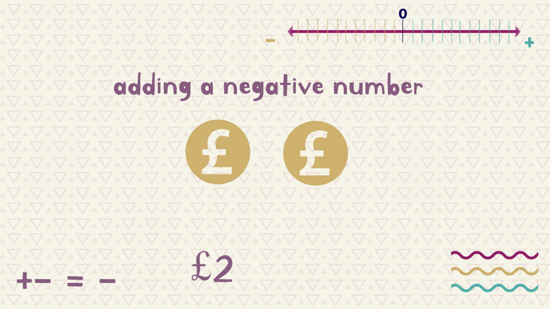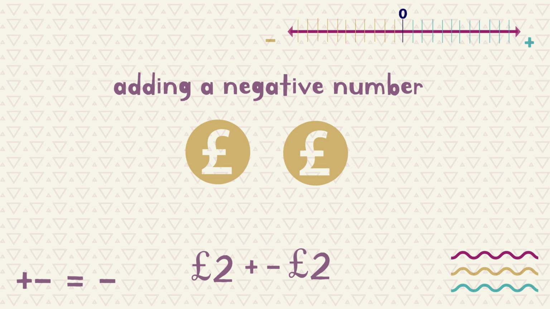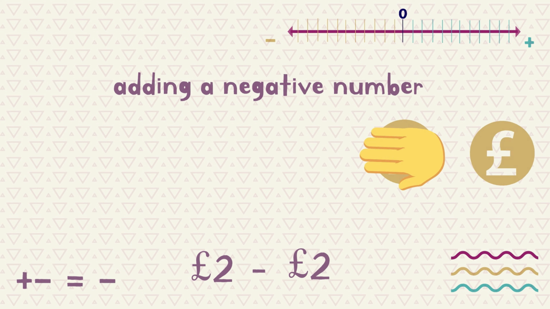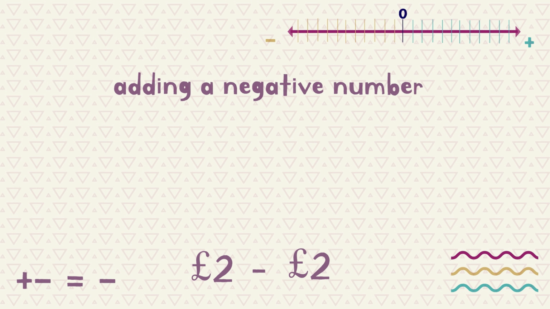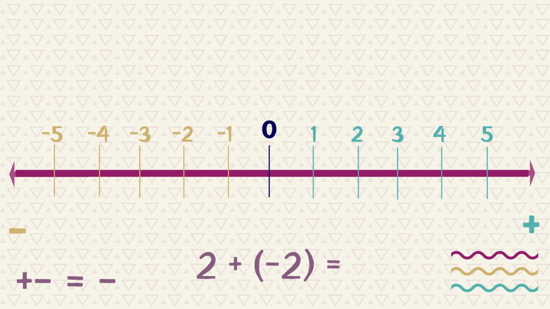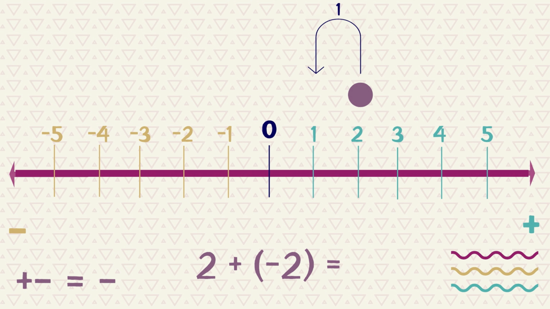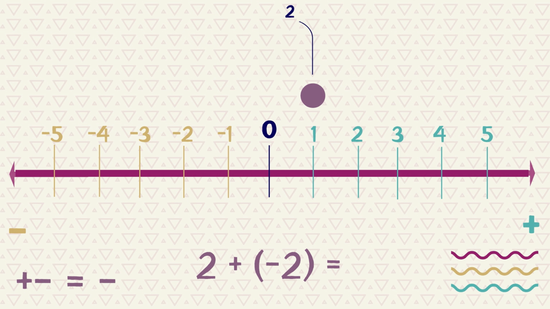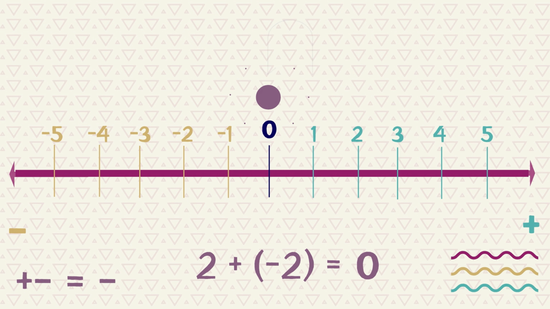And we want to add information to the bank that we are taking away £2. On the number line, we start at the number 2 and subtract 2, which leaves us with 0.